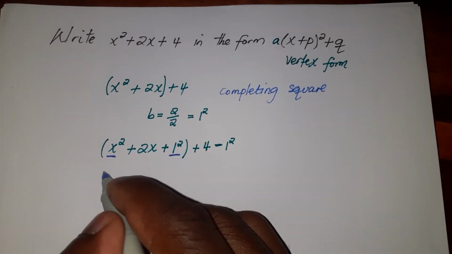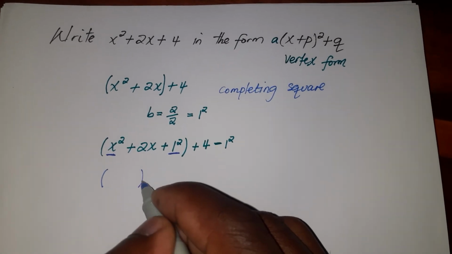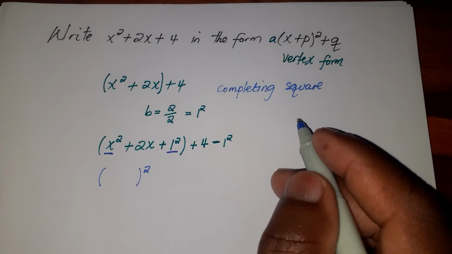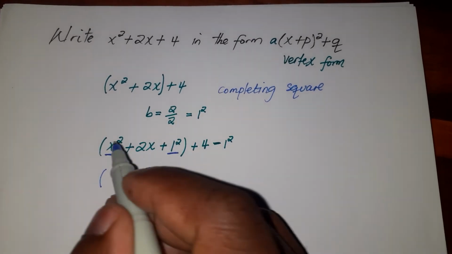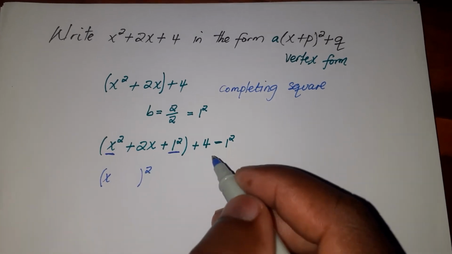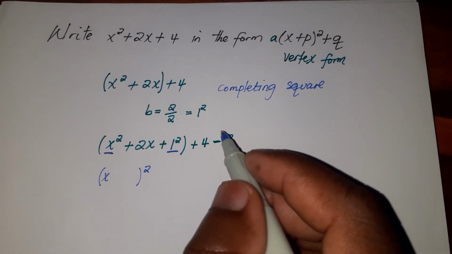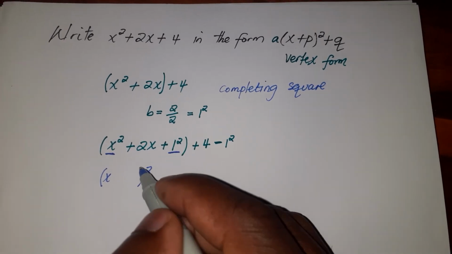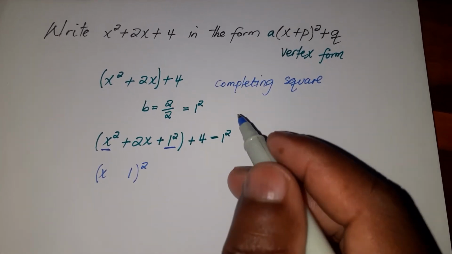Then we can open a bracket, and that bracket we have to square it. And then what we do, we write x. Although it's squared, we only write x. And we write the 1. Although it's squared, we should only write 1.